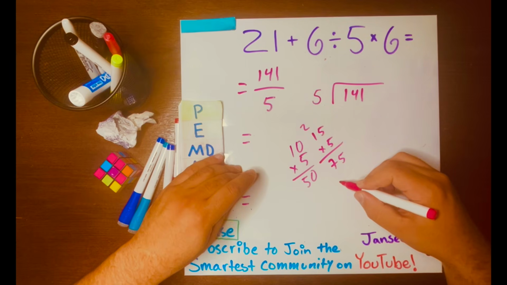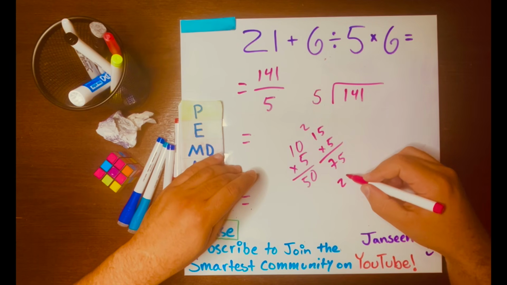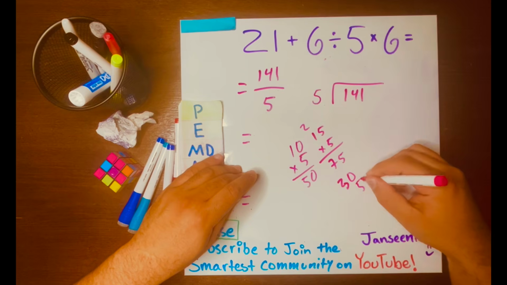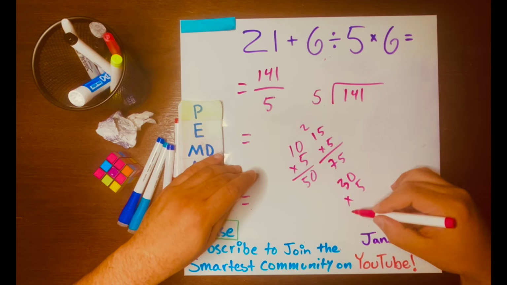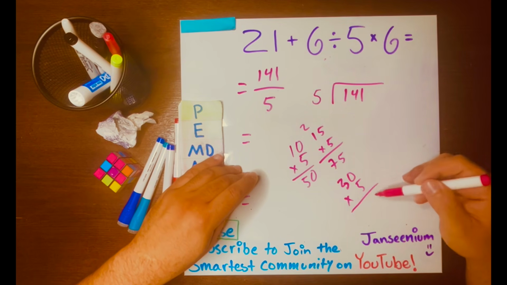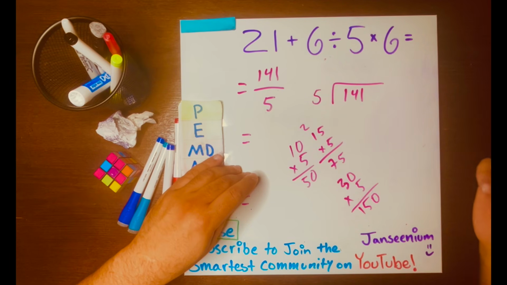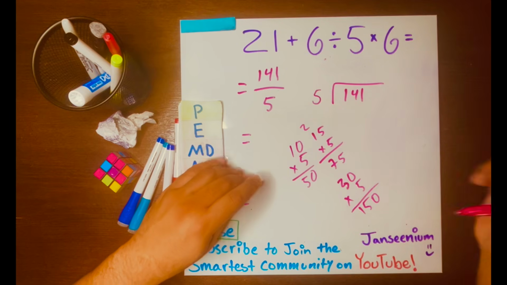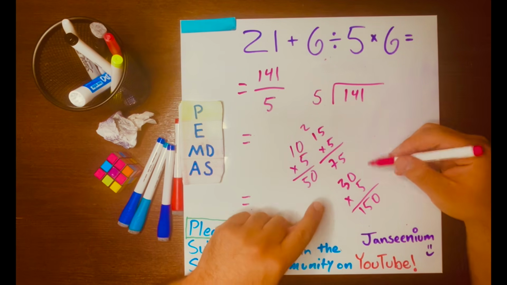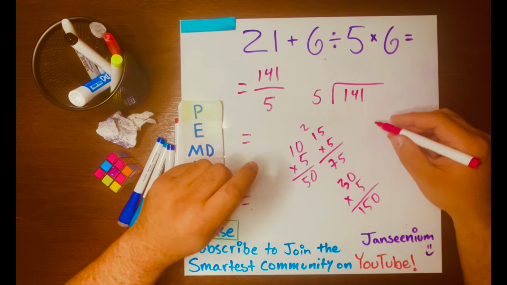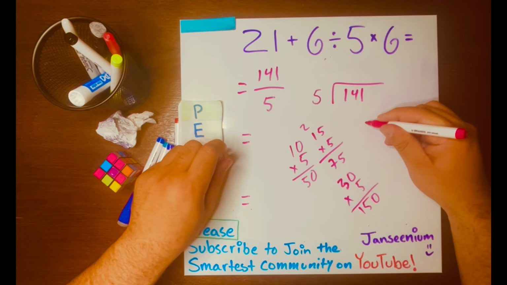Let's try 20. Let's try 30. So 30 times 5 is 150, right? Yeah, that's 150. And that's over 141.